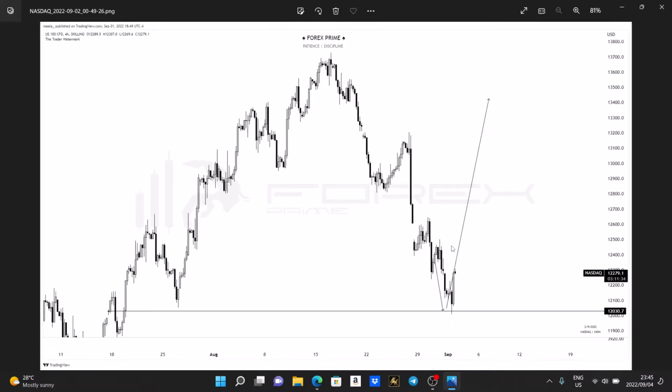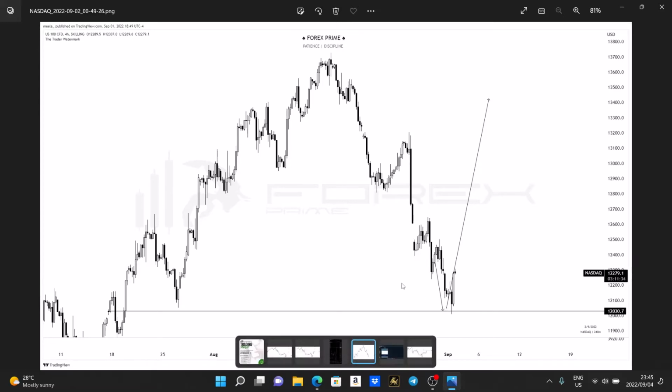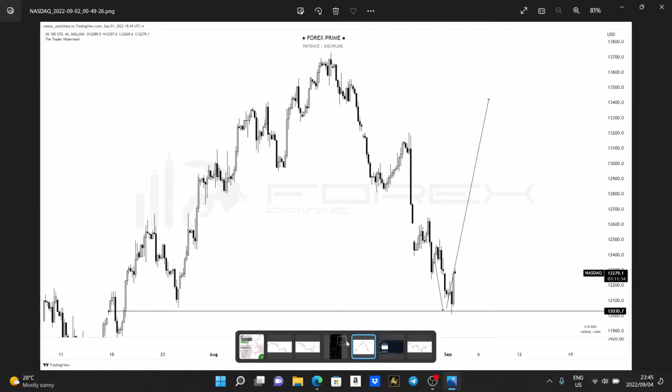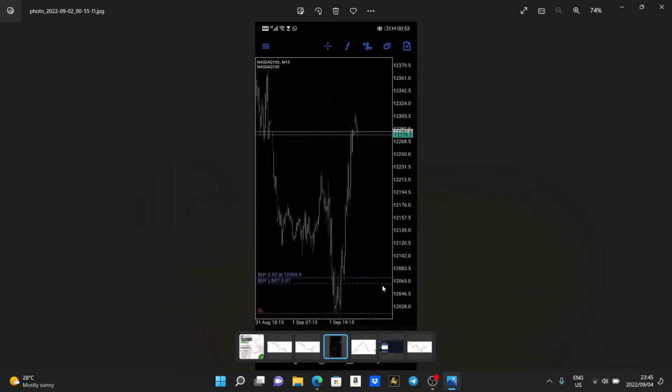So you could have traded that lower into this region, or you could have waited for price to get to this region and then scale in to your lower time frame for your entries. Moving on to the next slide, here you can see the entry.